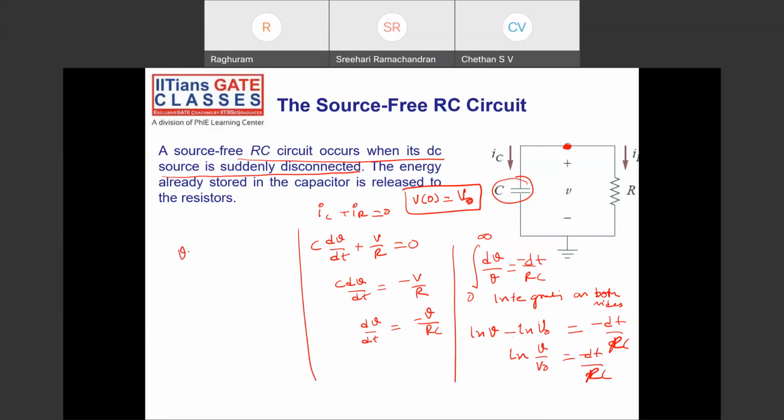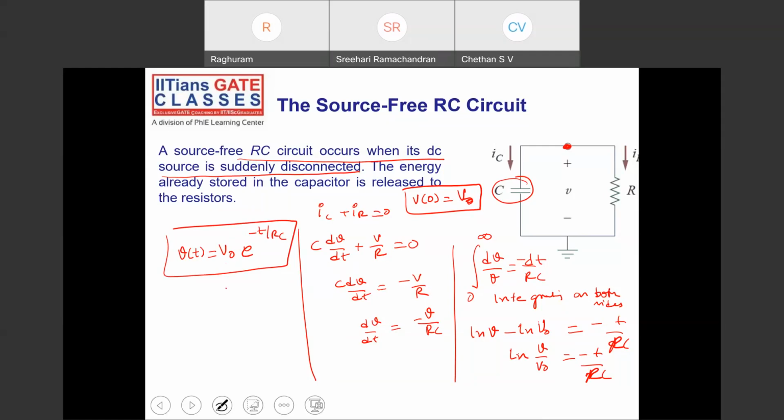What happened? V of t is equal to V naught e power minus t by RC. V is equal to V naught e power minus t by RC.